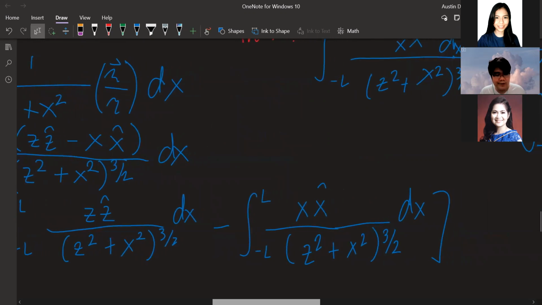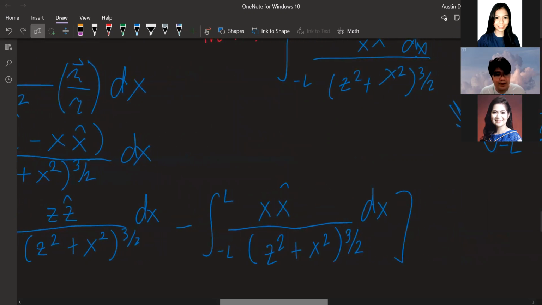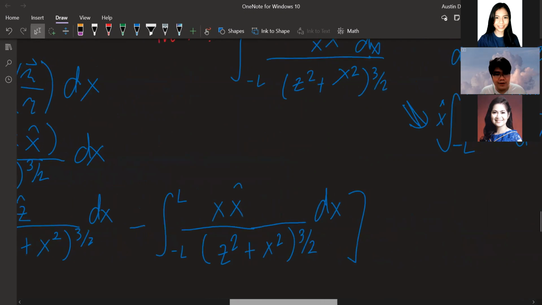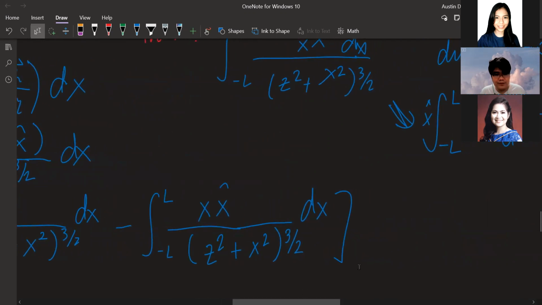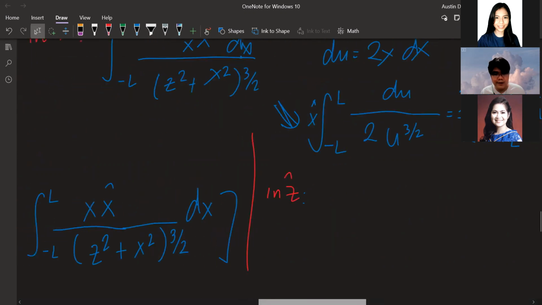Napakahirap, no? Okay. So, paano ba ito i-solve? So, lagyan natin yung harang. In z hat, what do we have? Okay, so sulat lang natin yung problem natin para hindi tayo mahirapan.